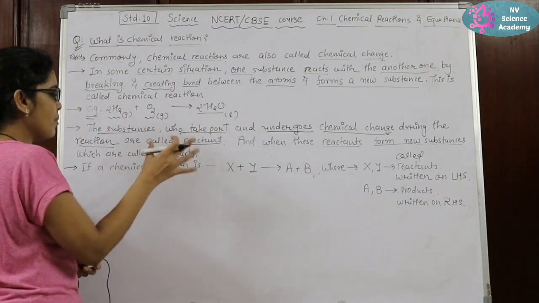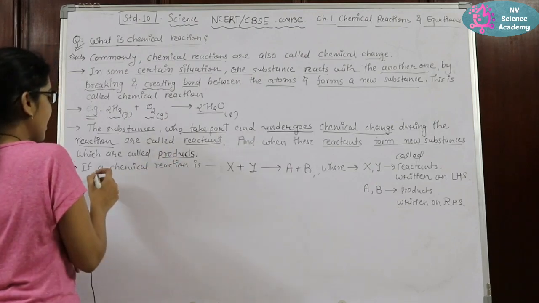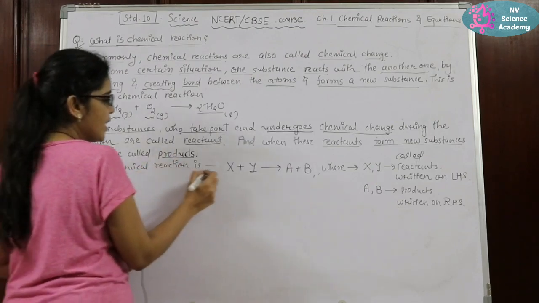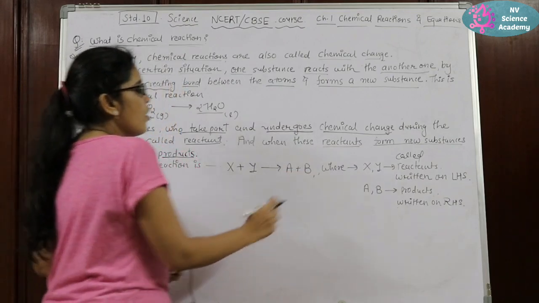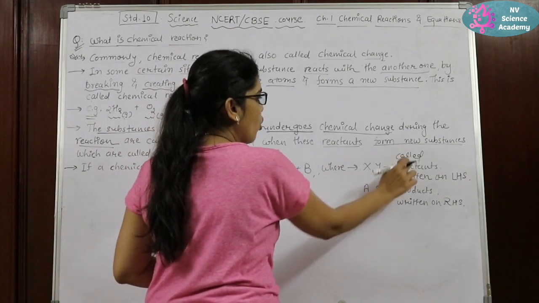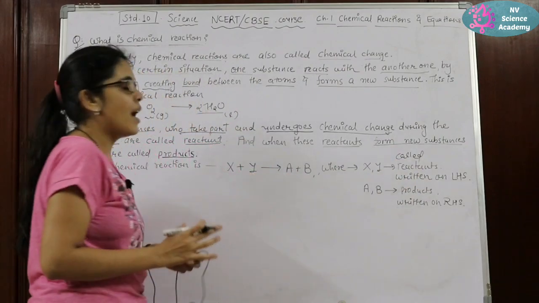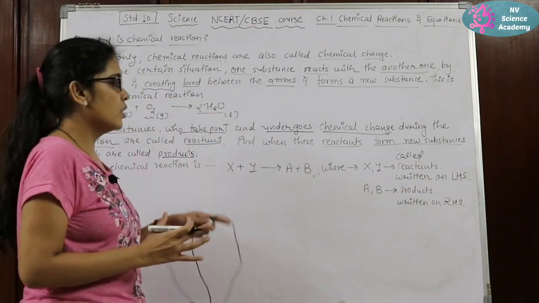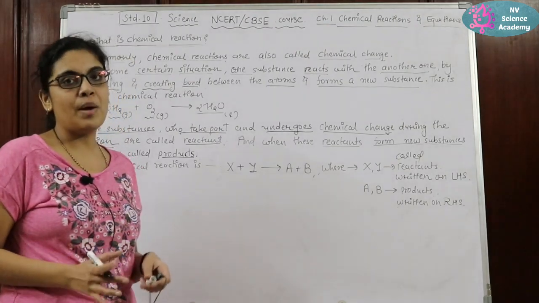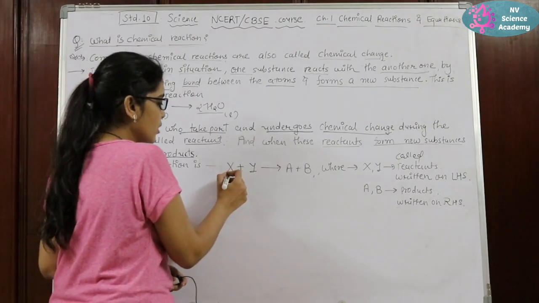Now I am clarifying with one more example. If a chemical reaction is X plus Y gives A plus B, then X and Y are called reactants. Here I am trying to explain what reactants and products are in any chemical reaction.